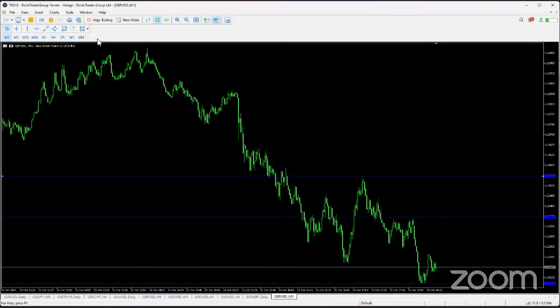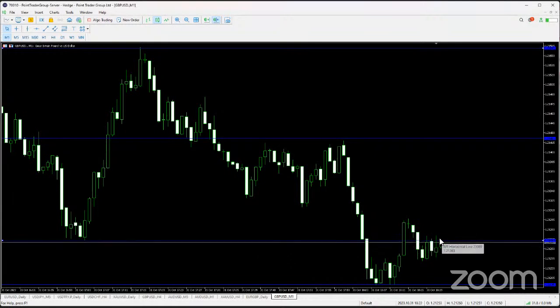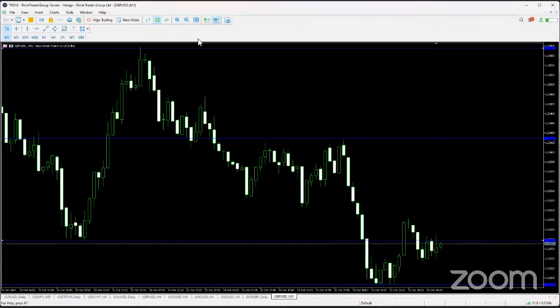Just like this. Now, previously we had a support level here. The market went up like this, but it didn't show any kind of bearish candles below it. Should I enter the market? No, I wouldn't enter the market. Why? Because no evidence. No evidence, no entry point.